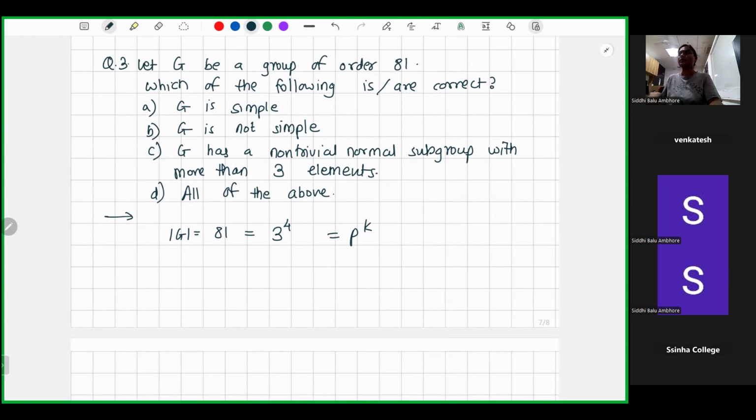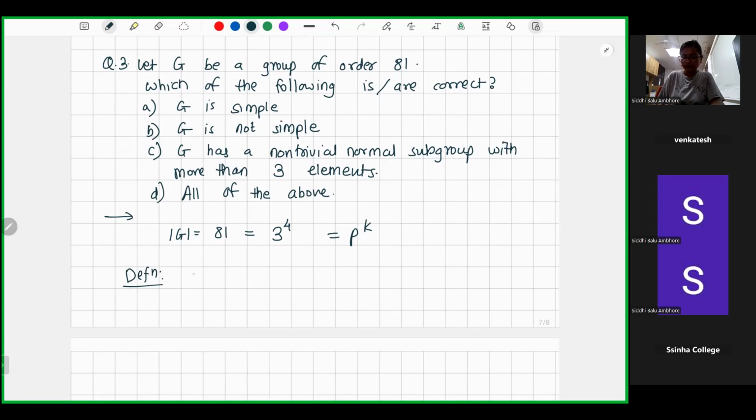And center is always a normal subgroup of the given group G. I hope you know what a group being simple means.